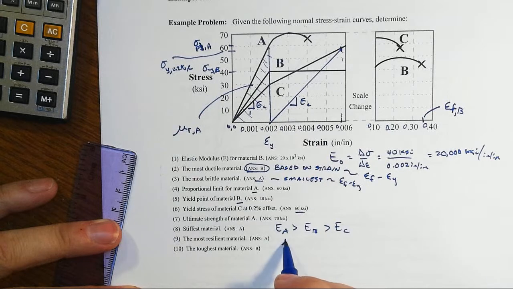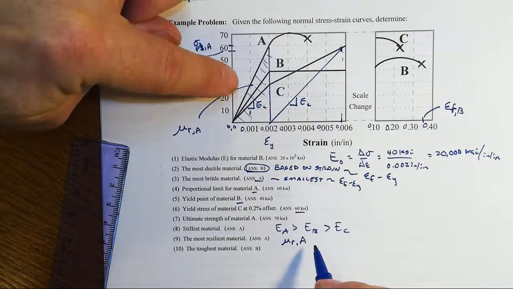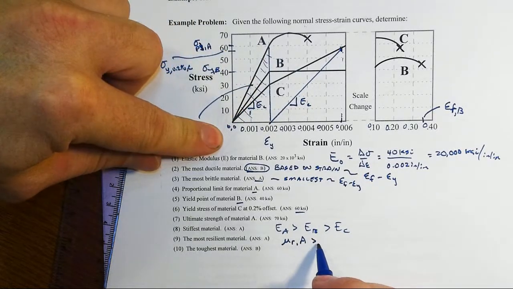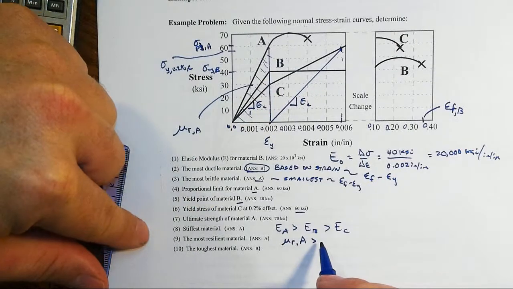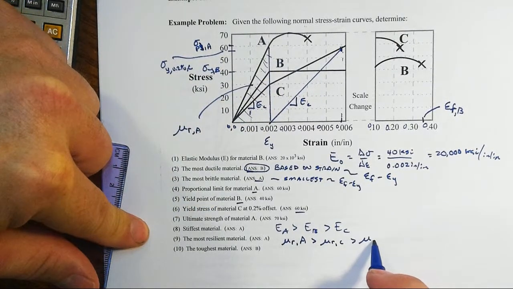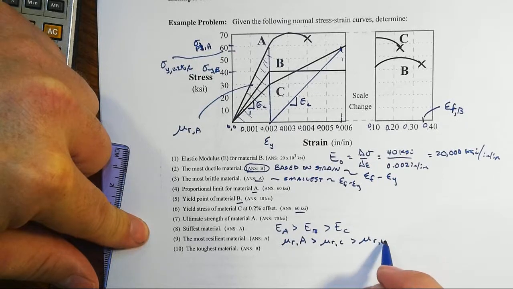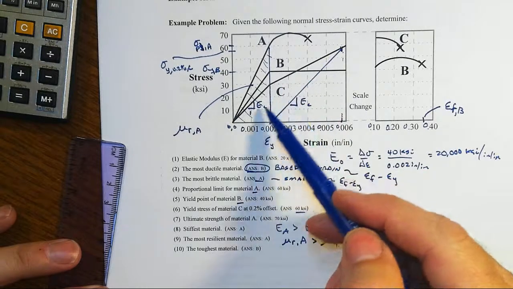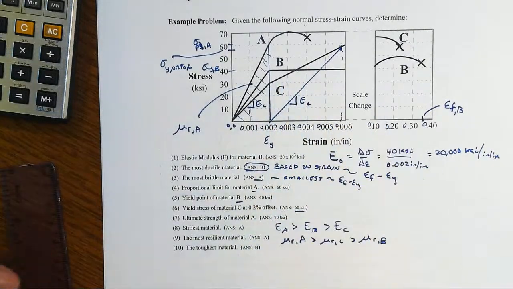So the modulus of resilience for A is larger than the other two. It's a little hard to see, but I'm going to bet that with the way we looked at C, it's going to be next, and then that would make B have the least amount of resilience, all based upon this area that's sitting out here for C.